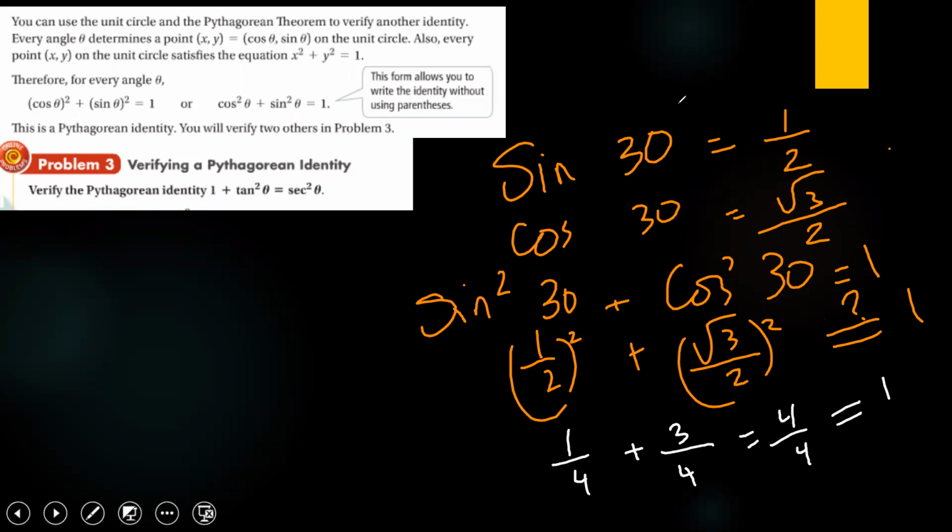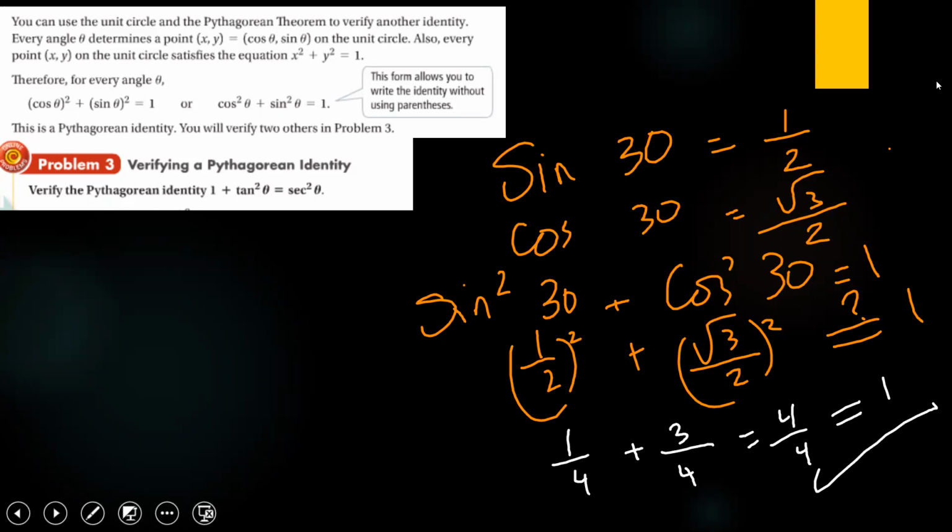We can simplify it as 1. So yes. For any angle, if you square its sine and you square its cosine and you add them, you get 1. Here, we call it the Pythagorean identity. Cosine squared plus sine squared equals 1.